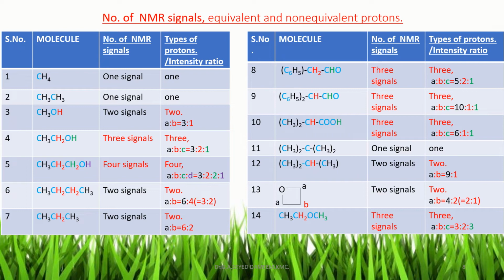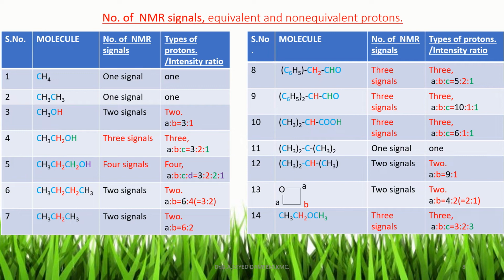Similarly, another case, CH3CH2CH3, contains two methyl groups and one methylene group, and the two methyl groups are environmentally equivalent. So it gives two signals in total, the CH3 group gives one signal and the methylene group gives another signal, with intensity ratio A is to B, that is equal to 6 is to 2.